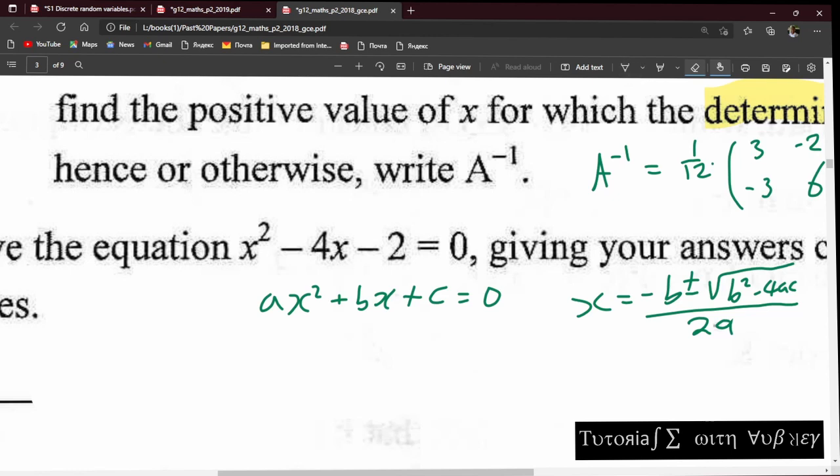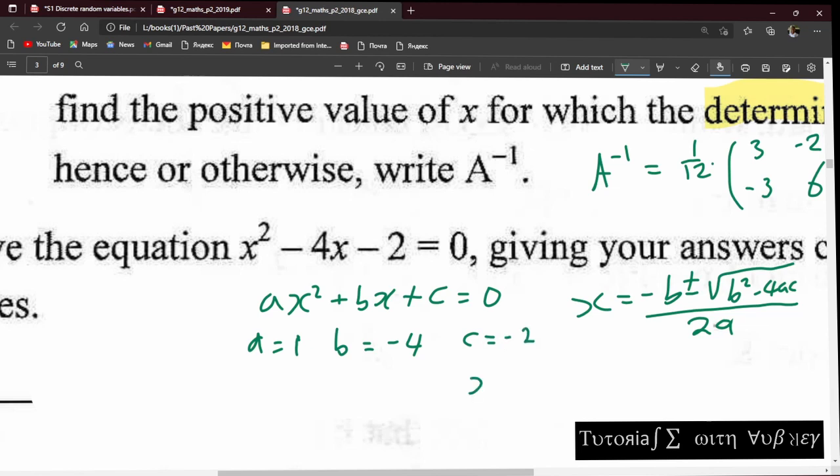B is the coefficient of the x term, and the coefficient is -4. So B is equal to -4. C is the term without the x variable. So C is equal to -2.